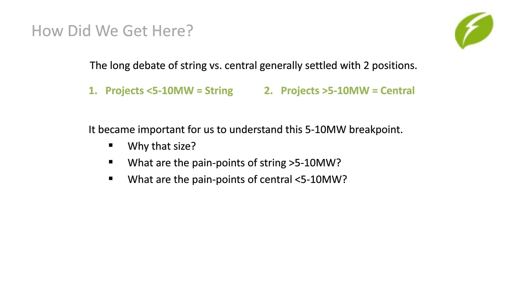So we asked, why that system size? Why don't you use string inverters above that point? And why don't you use central inverters below that breakpoint? The reason we need to understand this was to determine if string inverters could make an impact in large utility scale projects. So let's take a look at the pros and cons.